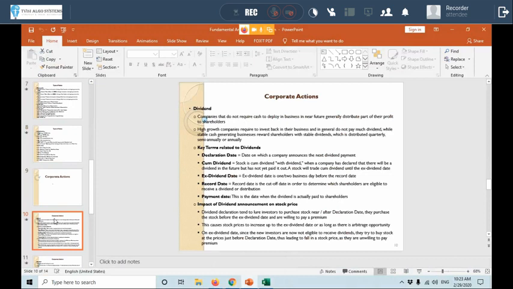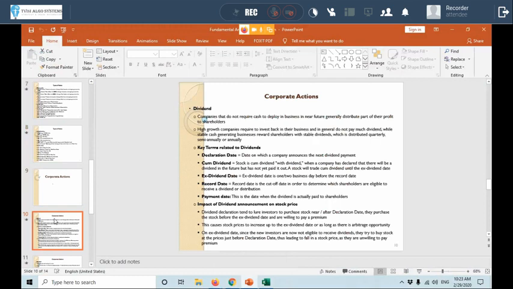That is called the dividend date. For example, earlier we were talking about Bajaj Auto, so we will take the same example. Suppose Bajaj Auto today came up with news that they will declare dividend in the next 15 days or in the next 1 month. So today's date is the dividend declaration date, right?